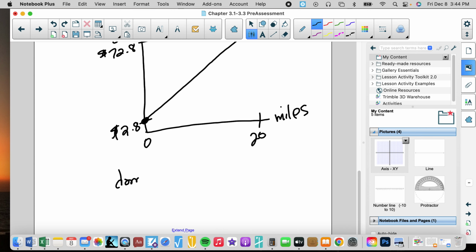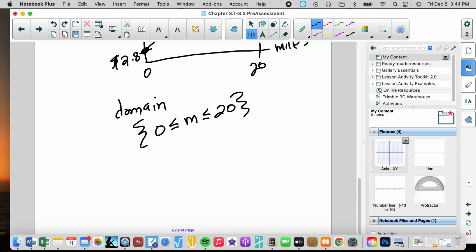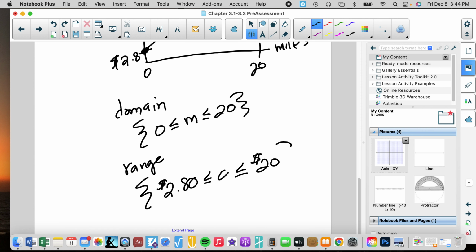So my domain is still going to be 0 ≤ m ≤ 20, because that's the number of miles I can drive. And the range is going to be the tricky part. Not tricky, it's just you need to know that it's going to be $2.80 ≤ C ≤ $72.80, where C represents the cost.